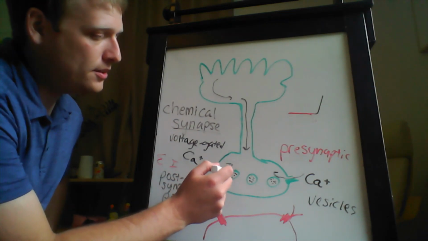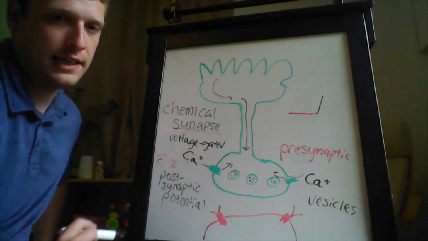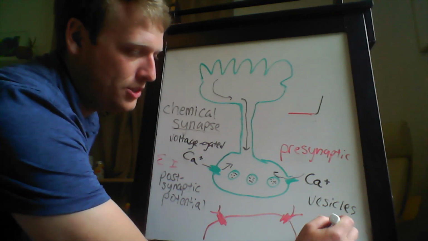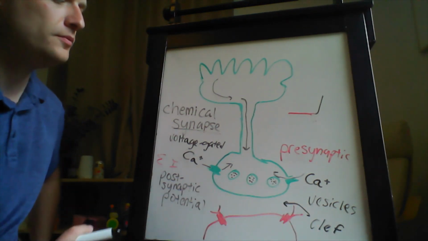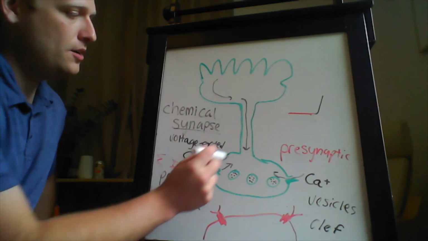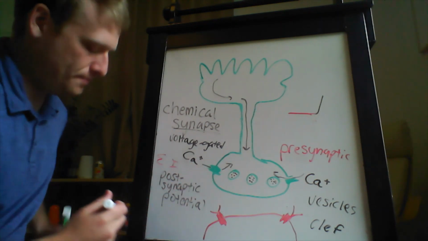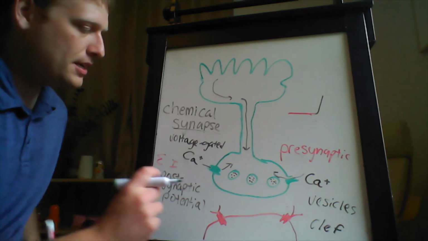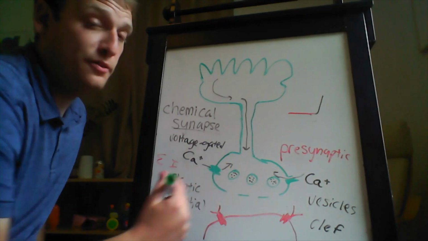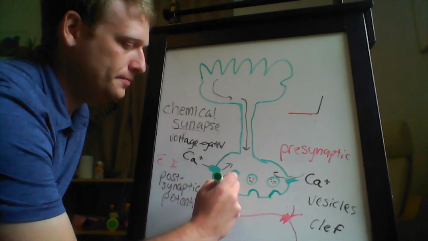And those little sacs of neurotransmitter are only going to release their contents out into the synaptic cleft, which is this space here. They're only going to be released into the synaptic cleft when calcium is present. So calcium flows into the cell, and what that does is cause these synaptic vesicles to fuse with the plasma membrane.